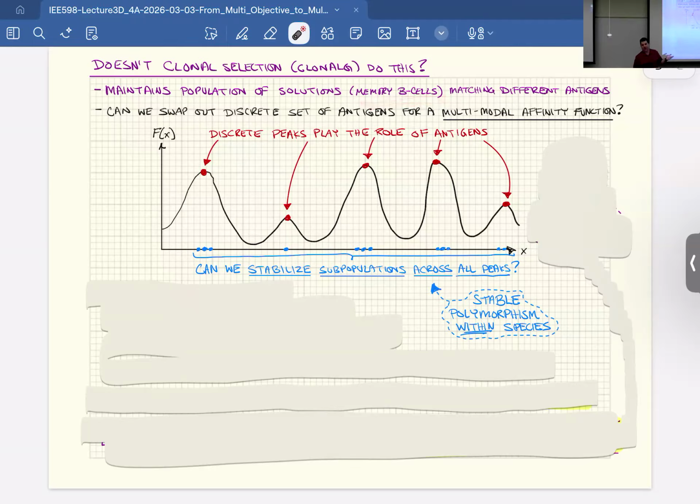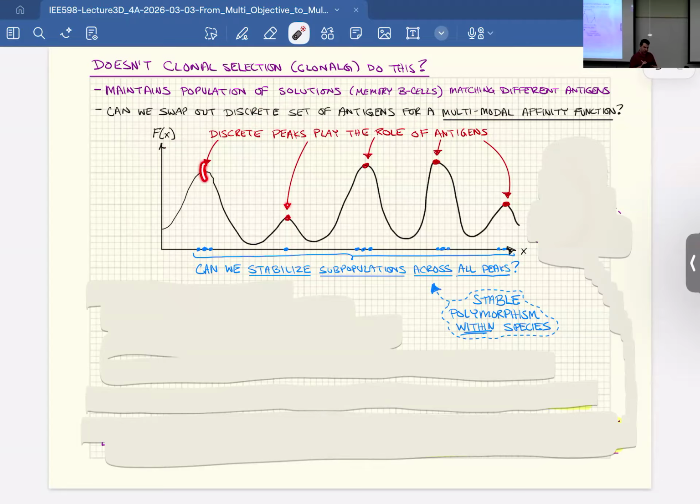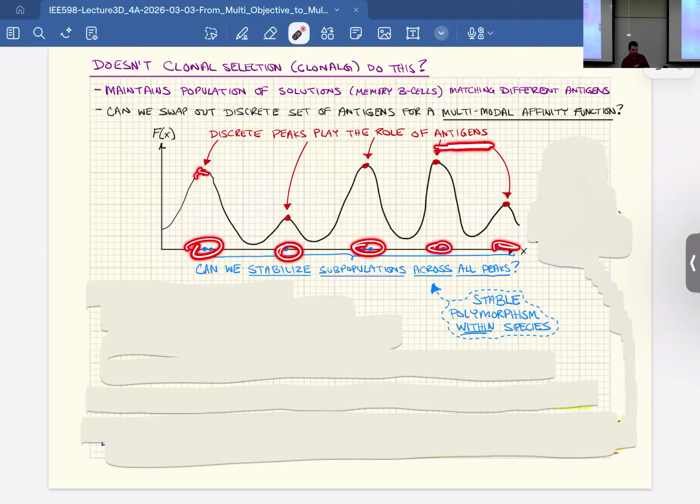Now, one thing you can do with clonalg to make it kind of a basic starter multimodal algorithm is you could get rid of the antigens in the affinity calculation and just create a multimodal fitness function instead. Because a multimodal fitness function is going to have discrete peaks, which we can make an analogy to being those discrete antigens. And so you're searching for solutions that are good responses to each one of these peaks.